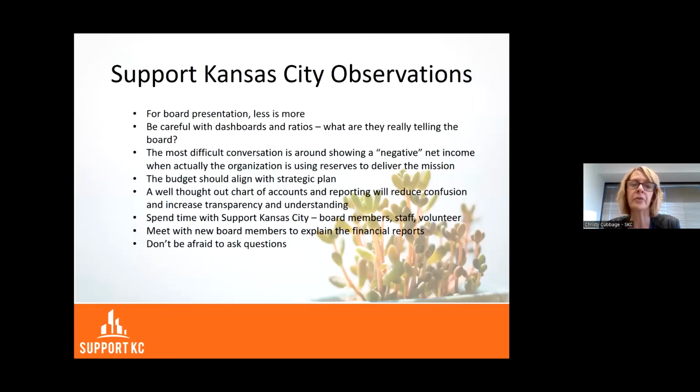Be very careful with dashboards and ratios. We all want them. They are fantastic. But what are they really telling the board? And are they pulling the correct numbers? Because if I have $500,000 of cash, and I'm trying to give a current ratio, like how many months of cash do I have in the bank?